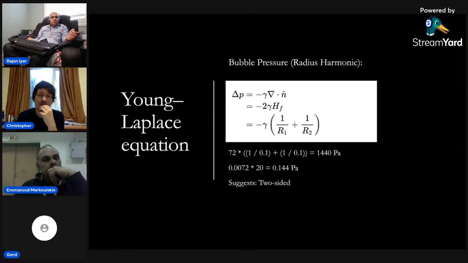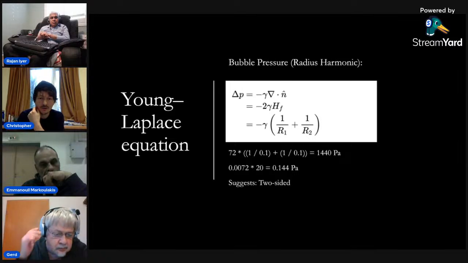We can also look at the Young-Laplace equation. We take the surface tension of water and multiply it by 1 over the radius plus 1 over the radius, essentially. We know the radius of the hypersphere is 14.4 megaparsecs, which again is harmonic with the pressure resulting from this Young-Laplace equation for water droplets.